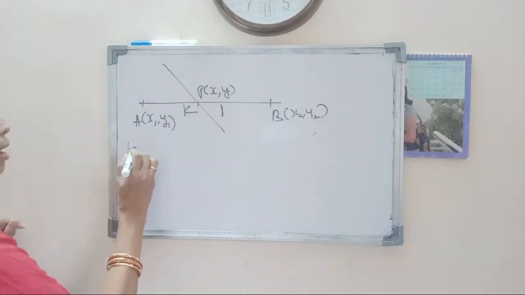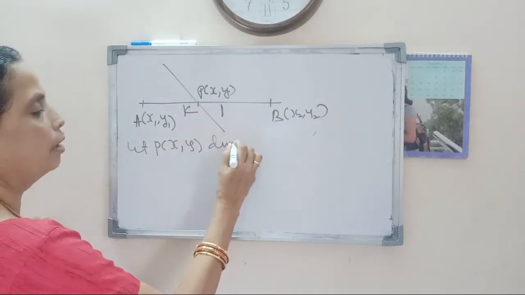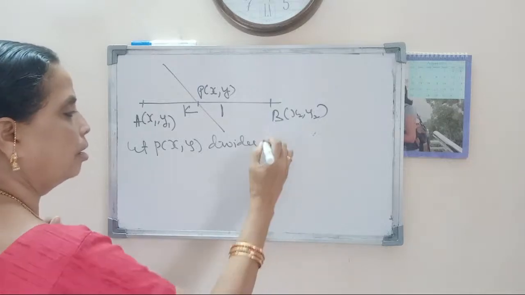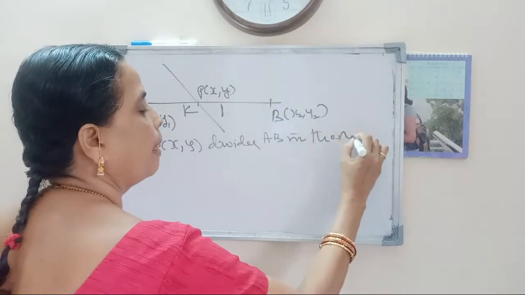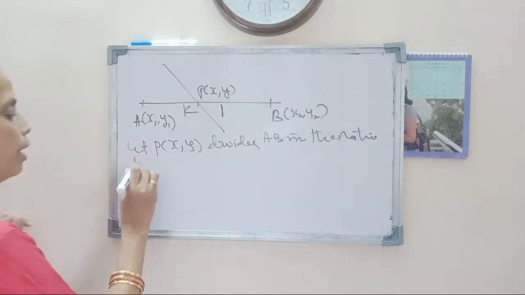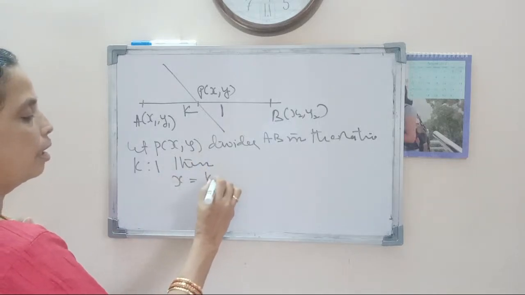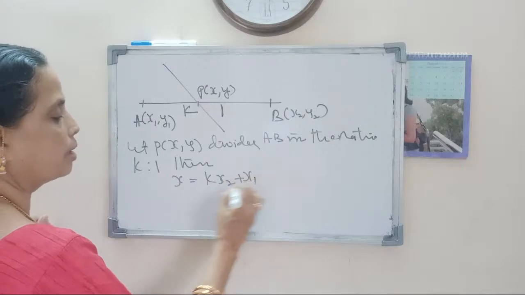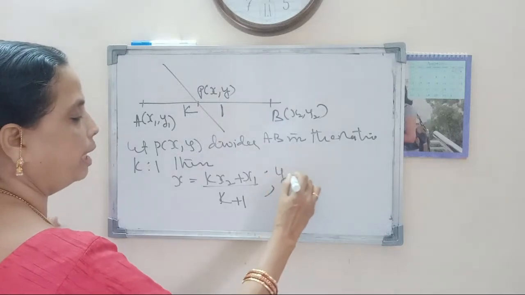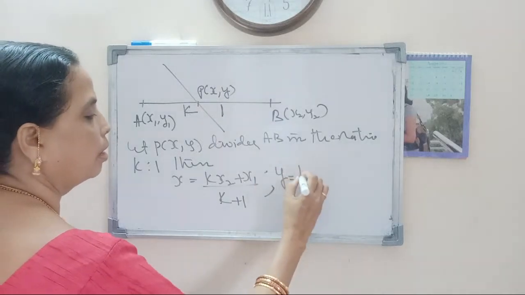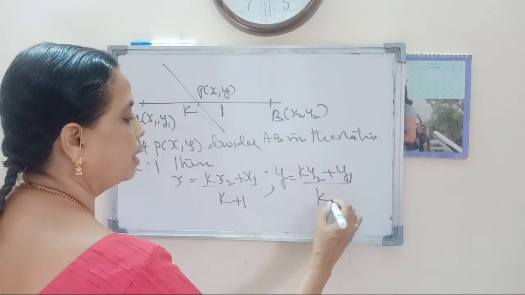Let P x comma y divide AB in the ratio k:1, then x equals k x2 plus x1 by k plus 1, and y equals k y2 plus y1 by k plus 1.